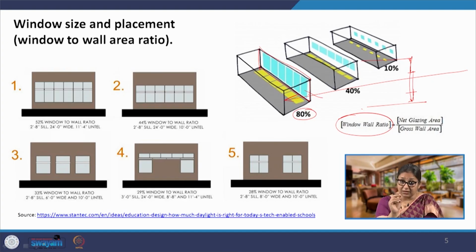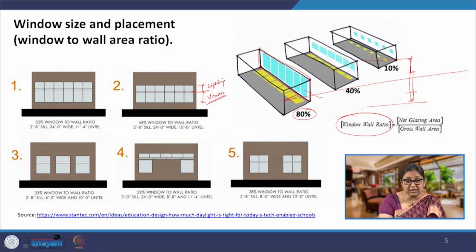The third thing which we have to keep in mind is that a window has a double purpose. It has two purposes when we are talking about lighting alone. One, it brings in a lot of light. Two, it allows us to see outside. So, we have two types of glazing within that. We have a vision glazing, and the top part is actually for lighting.